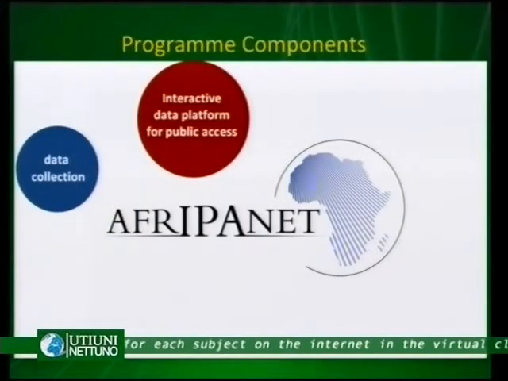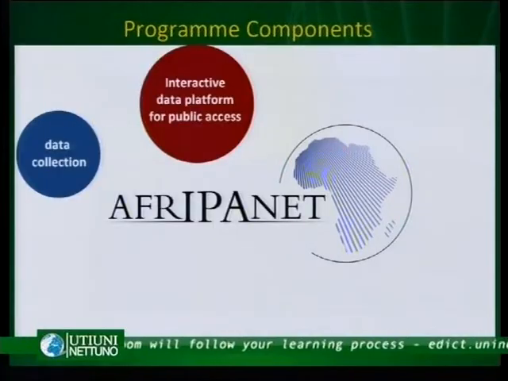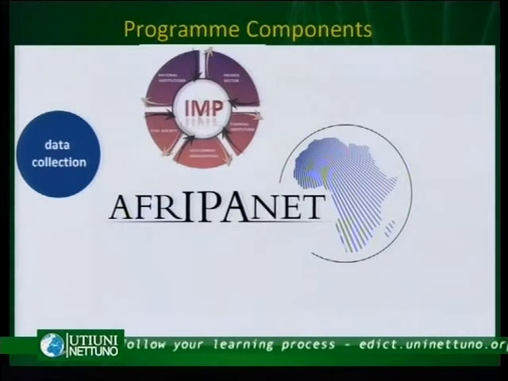Then we develop an interactive data platform for public access so that the data can be visualized, viewed, analyzed online by different users. And we call this the Investment Monitoring Platform, the IMP. And I'll be talking about this at a later stage.